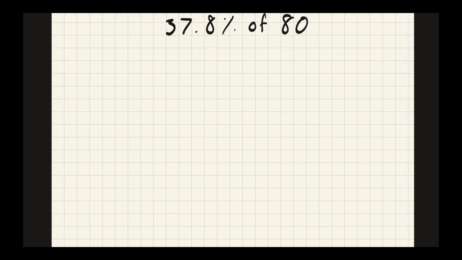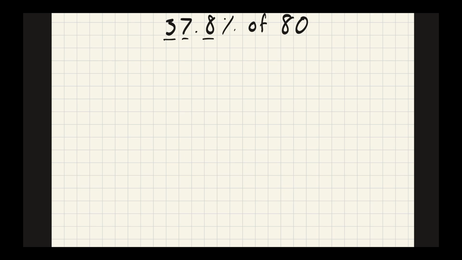Now this one looks tricky, and you might not be able to do it completely in your head, but you probably could at the same time. But we got 37.8% of 80, so let's see how to do that. So we're going to look at the tens column, the ones column, and the decimal.